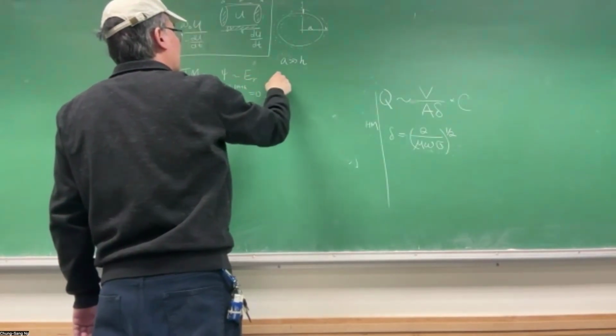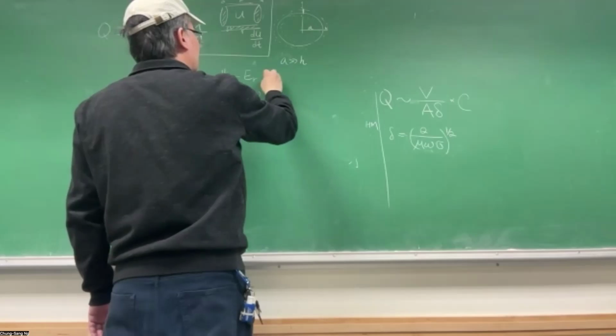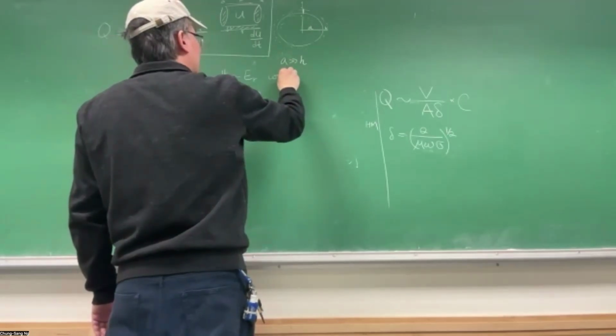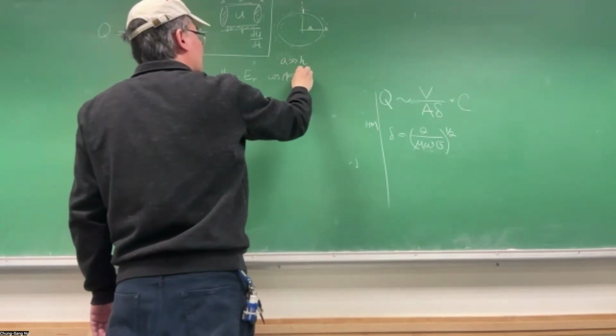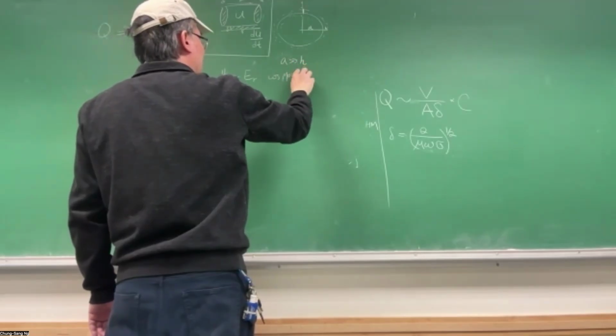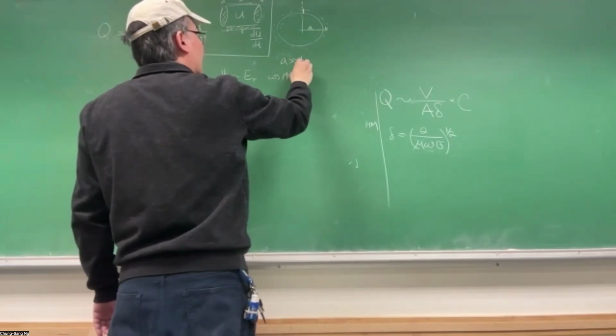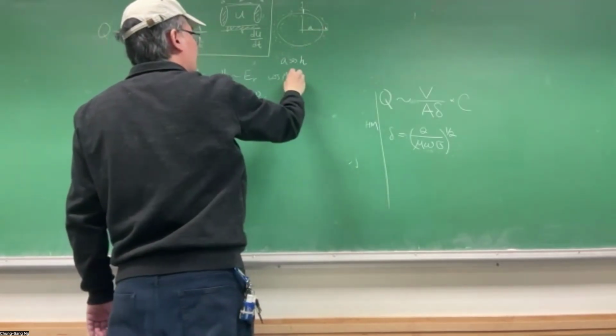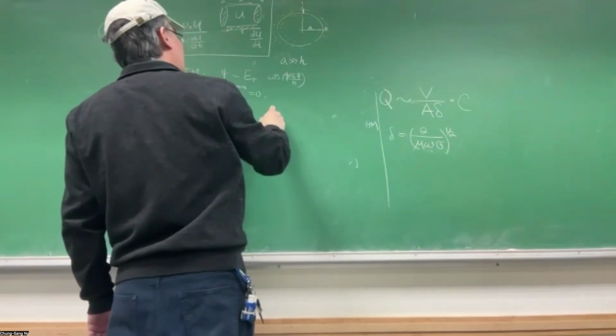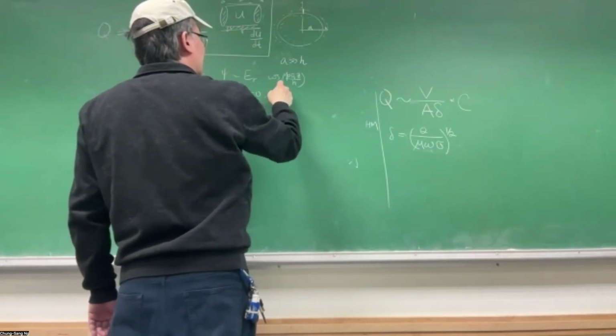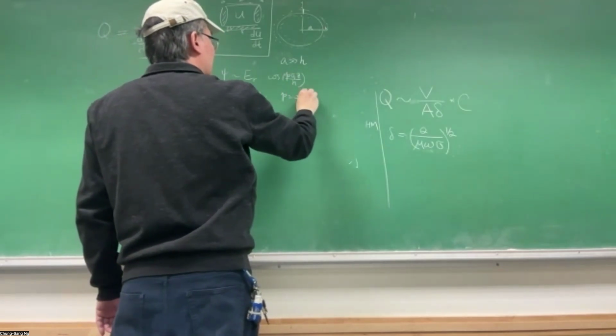So it's a cosine, cosine p pi z over d, and in our case, z is defined from 0 to H. And so p is from 0 to 1.